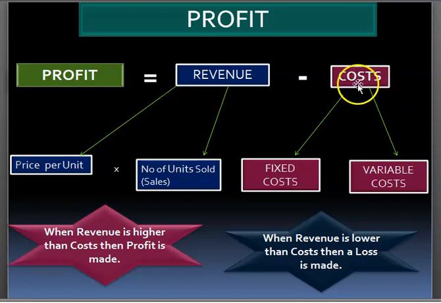And the amount spent, which is the cost, is a combination of the fixed cost and the variable cost. So you can see now that it's no rocket science. To make a profit, the revenue, the amount they received, has to be higher than the amount they've spent. When revenue is higher than cost, then profit is made.